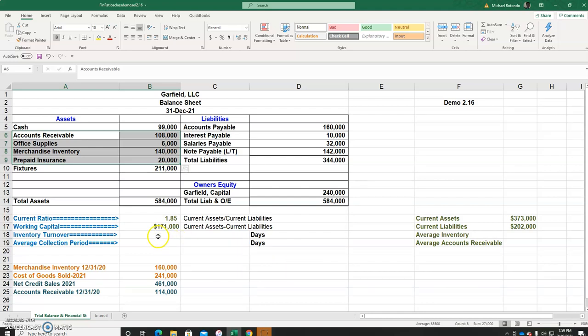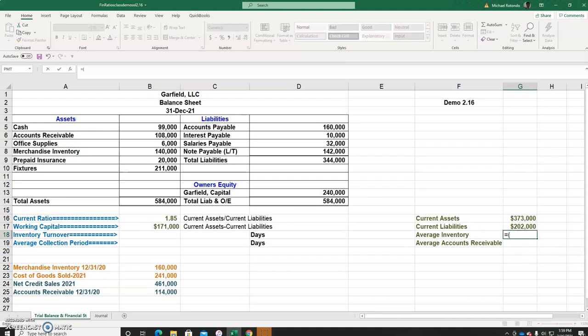Now, the inventory turnover ratio is designed to let you know, and let investors and creditors know, how quickly you're turning over your inventory. How many times a year are you turning your inventory over? In order for us to know this, we have to know what our average inventory is. We do that by taking the beginning inventory, at the end of last year, plus the ending inventory, at the end of this year, and dividing it by 2.